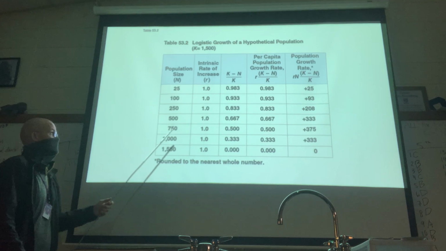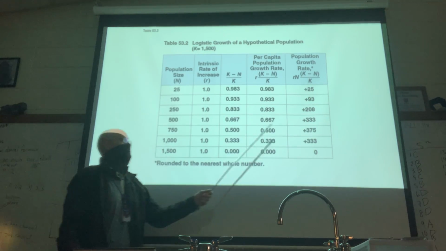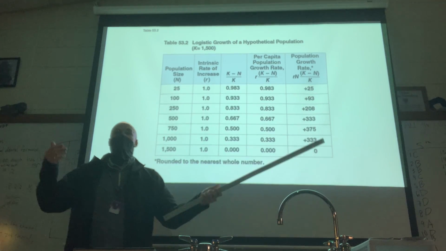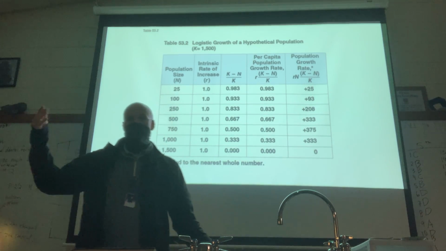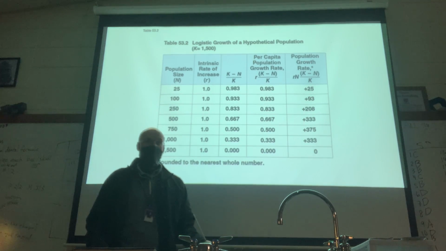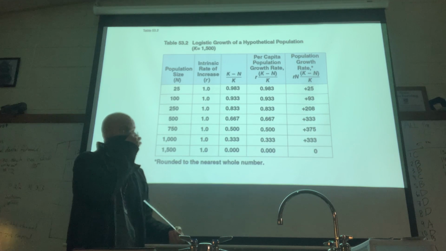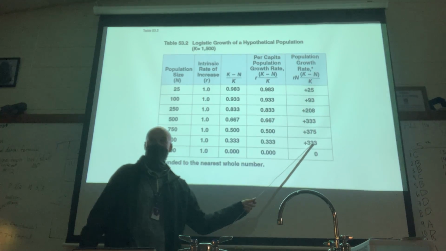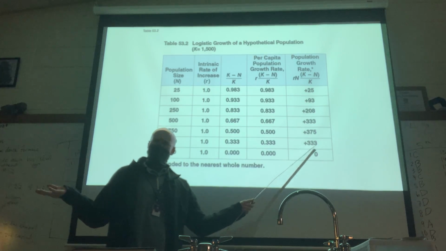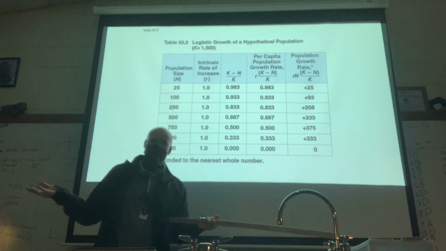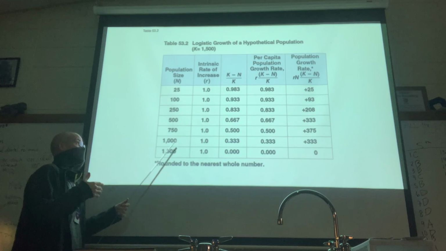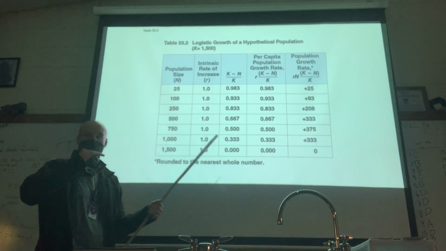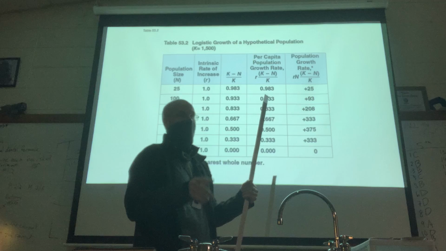And you just would say, well, 1,000 plus 333, the population will grow to 1,333. So the math is not too confusing. The only thing confusing, sometimes people will get 333 and they'll be like, so my population is now 333? No, it's 333 more than the population you had before that time period passed.